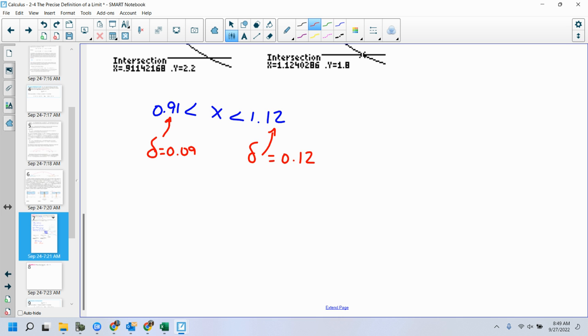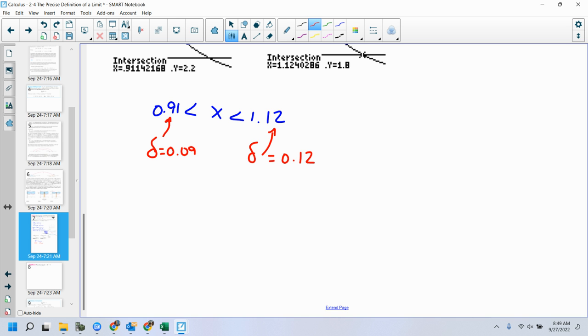You always want to go with the smaller delta, and here's why. If I choose the delta to be 0.12, that will allow me to solve for x's on the other side all the way down to 0.12 below 1, right? 0.88. And 0.88 is not okay. 0.88 will not land me in my acceptable range. It has to be 0.09.